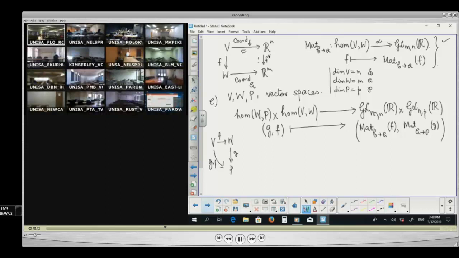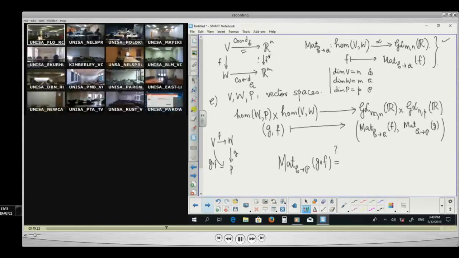Now my question is, what is the matrix from V to P of G composed F? Okay? That is my question. Alright? So, I'll give you a hint, but I'll leave it to you. This is what this should be.